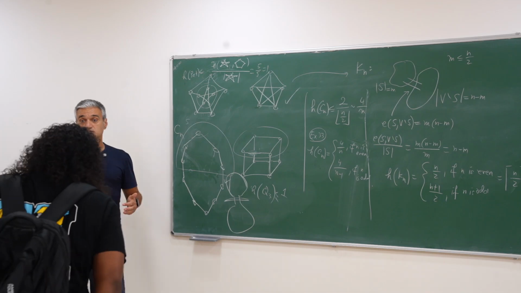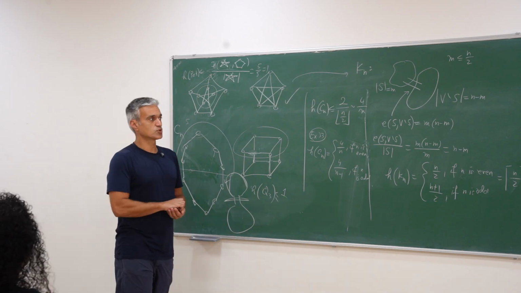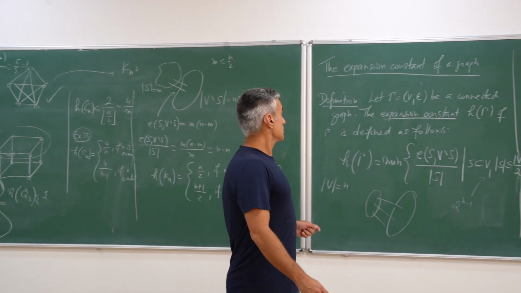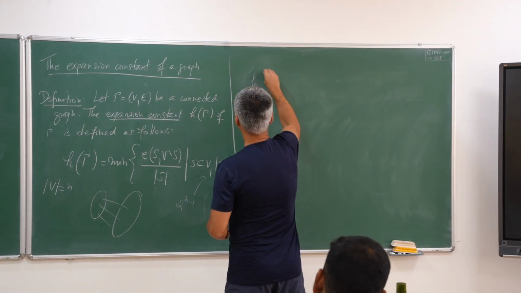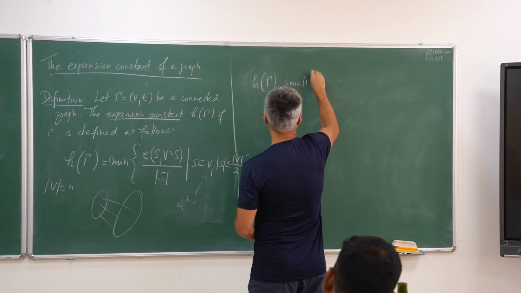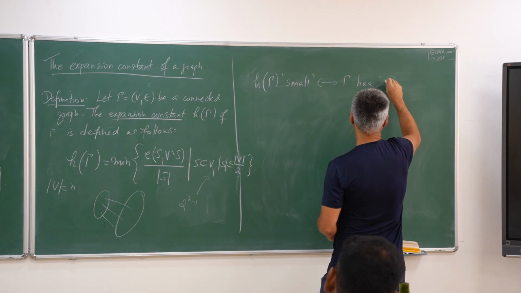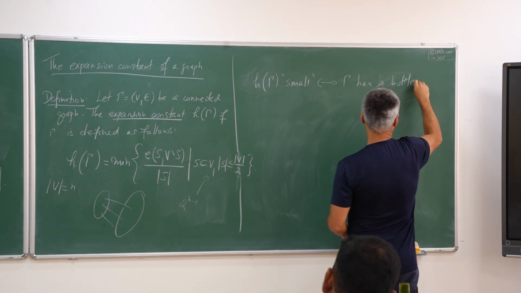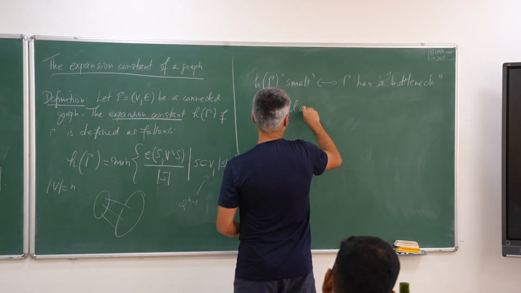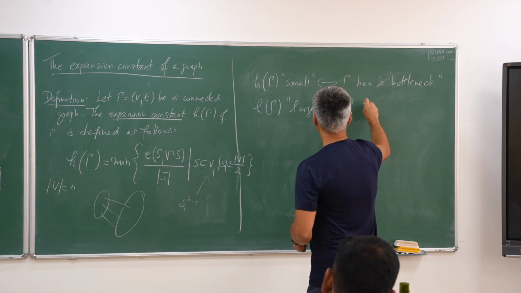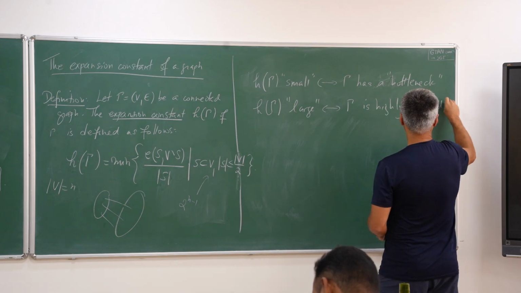Large h of gamma means that the graph is highly connected. Let me write it here just before I give you the theorem, and then I'll write the theorem on the other side. So h of gamma small means gamma has at least a bottleneck. h of gamma large, we'll see in a second, means gamma is highly connected.